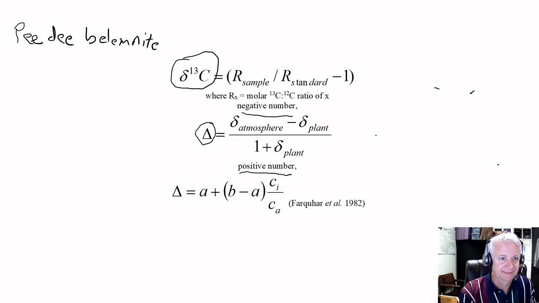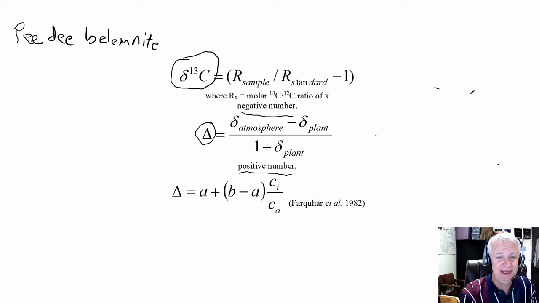And then we look at the ratio of carbon 13 to carbon 12 in the sample that we're measuring. So for instance, that might just be dried and ground leaf tissue. And that's measured in a mass spec, and I'll show you in a minute how that's measured. So we get this R value, and it's expressed relative to that standard. So everything's expressed relative to a standard.